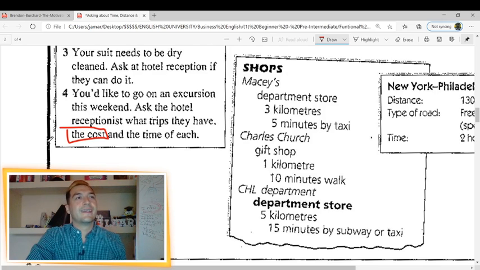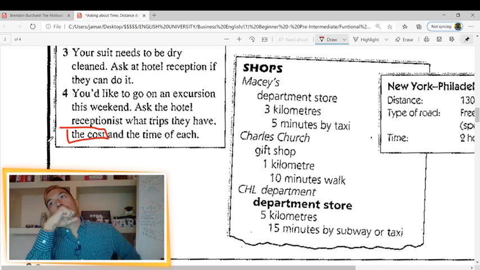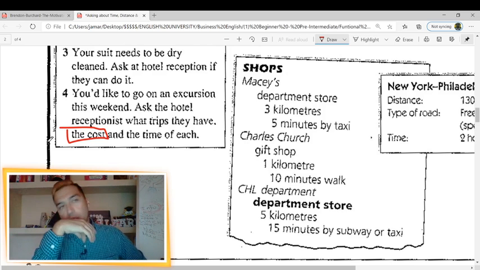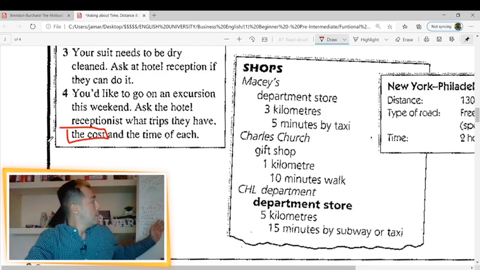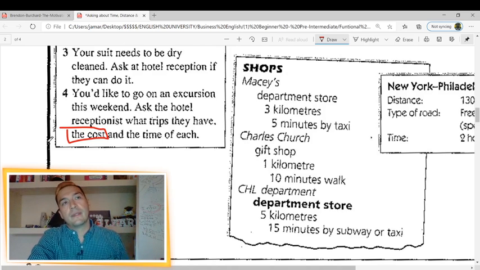How much is? What are you asking about? The cost. Yes, the cost of what? The excursion. The excursion is the subject. How much is the excursion? Or you can put the name of the excursion right here when the receptionist tells us.